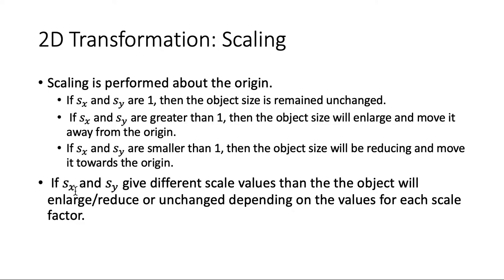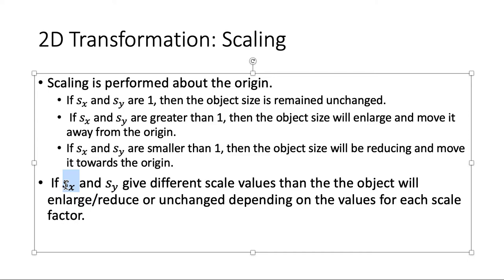Alright. If the x and y scaling factors are given different values, say the x is greater than 1, then in terms of the x-axis it will be enlarged, and if the y is smaller than 1, then in the y direction the object size will be reduced.